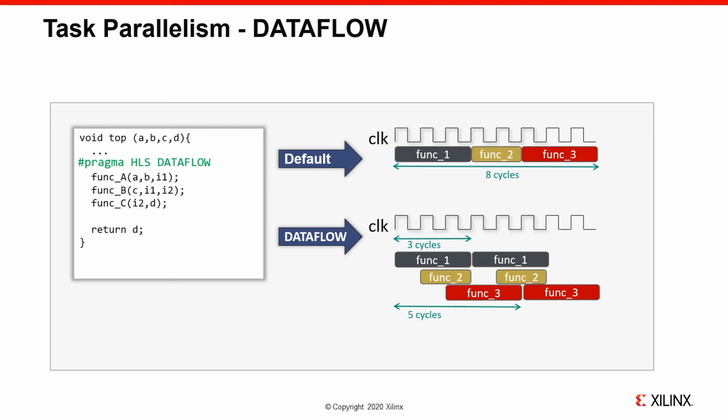This would also apply to loops at the same level of hierarchy. In this example, the original top function has a latency and interval of 8 clock cycles. With the dataflow optimization, the interval is reduced to only 3 clock cycles and a latency of 5.